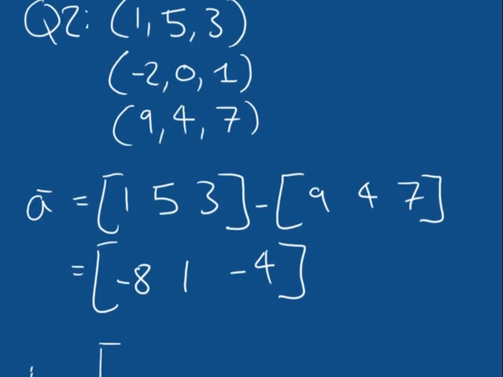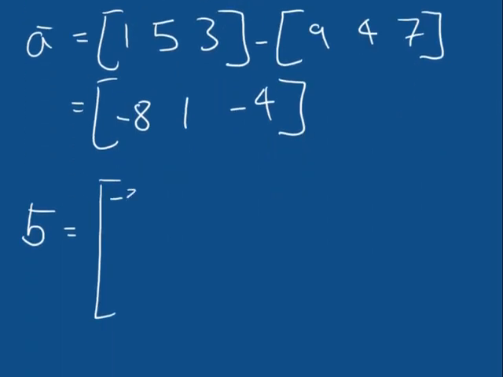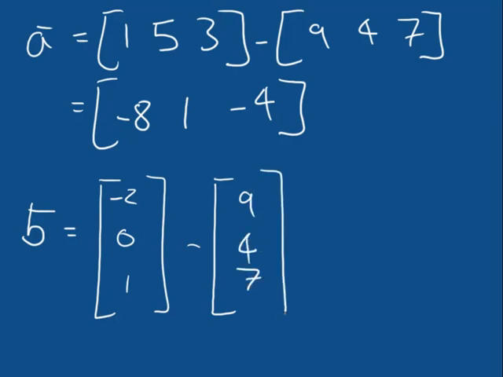So minus 2, 0, 1, minus our third point, which is 9, 4, 7, and that is equal to minus 2 minus 9 is minus 11, 0 minus 4 is minus 4, and 1 minus 7 is minus 6.